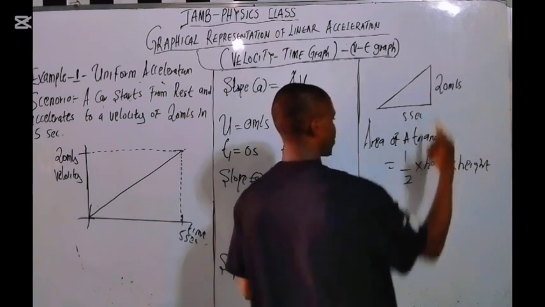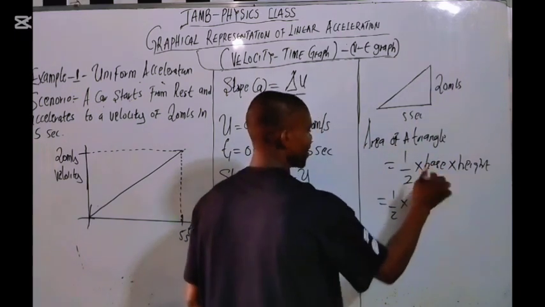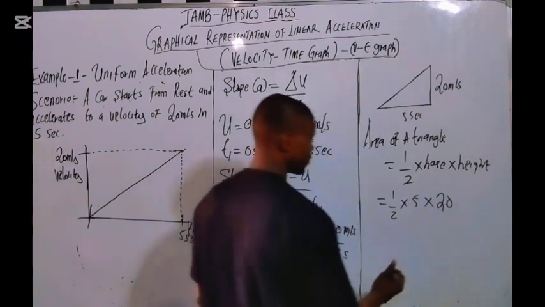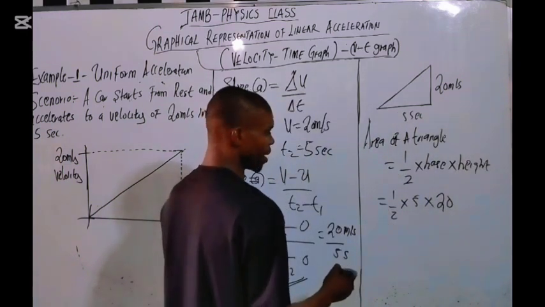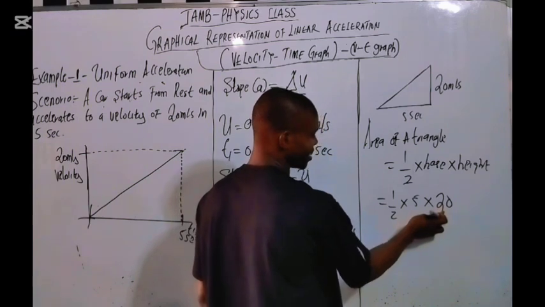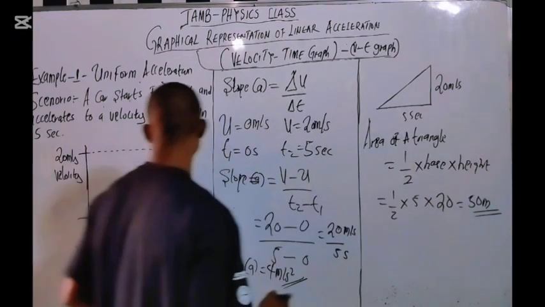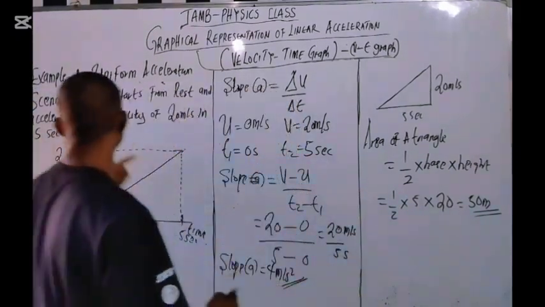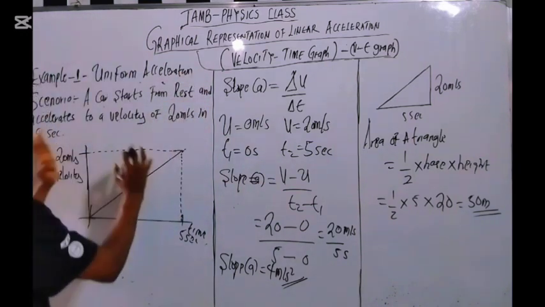The height is velocity. So you're going to have half times 5 times 20. Half of 20 is 10, and 10 times 5 is 50 meters. So the distance traveled here is 50 meters. This is what we mean by uniform acceleration. We have explained uniform acceleration, that is example 1.